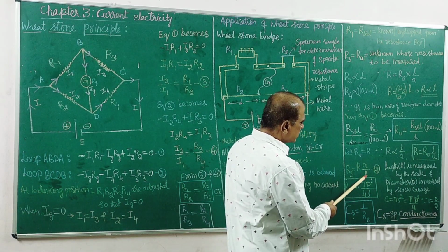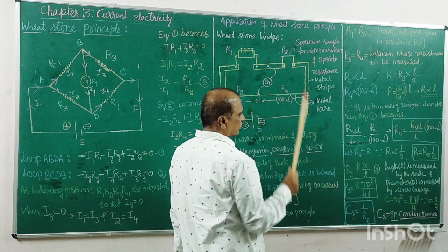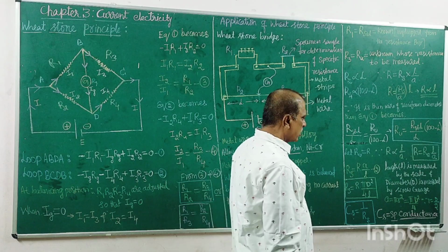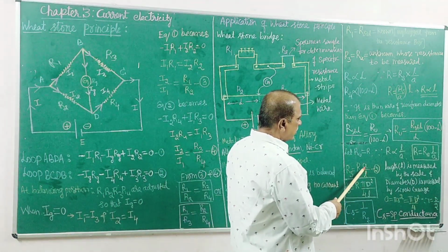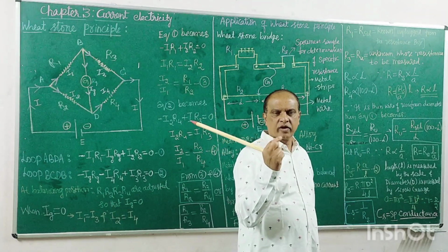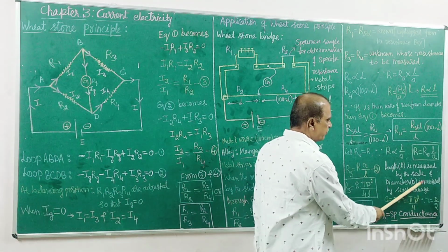So we have to measure the length of the conductor. Remove this conductor and find the length by a scale, the correct length. And then the diameter of the conductor. You can find the diameter of the wire by the instrument known as the screw gauge.